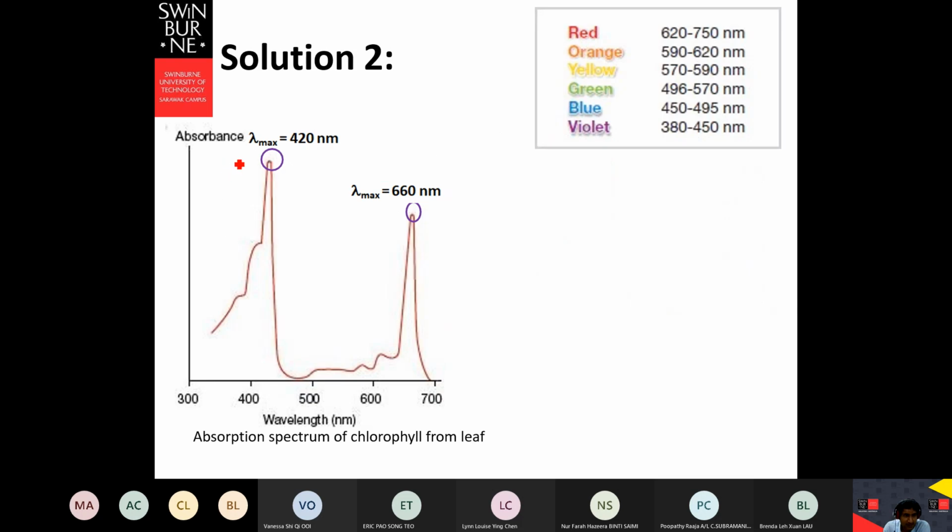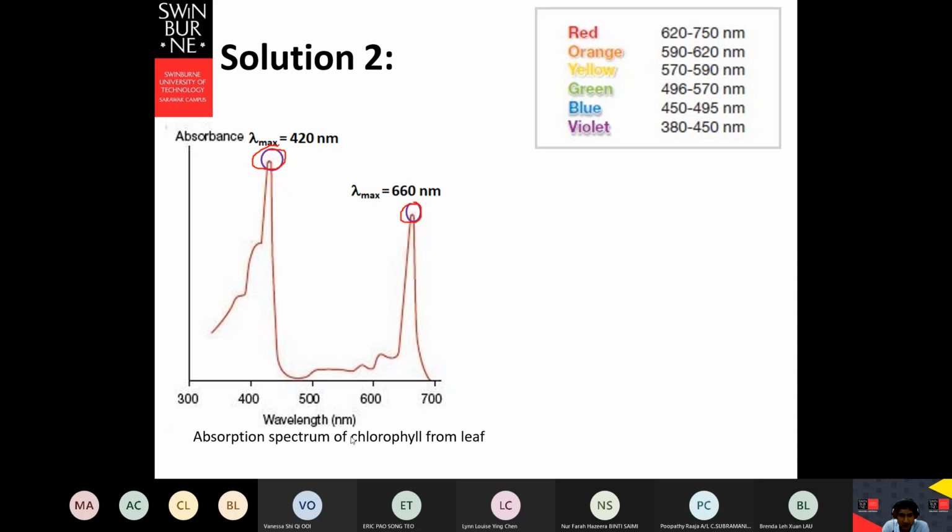So we see that chlorophyll is absorbing two different wavelengths of light, not a single one. So 420 nanometer and 660 nanometer.